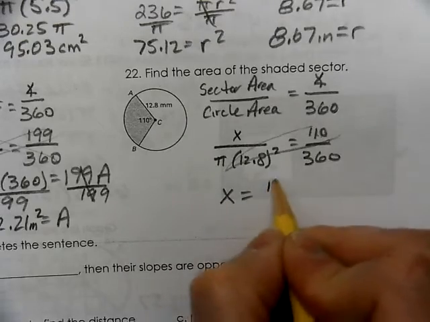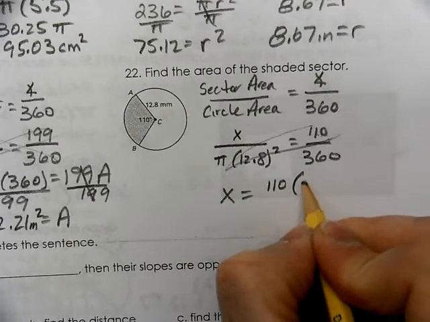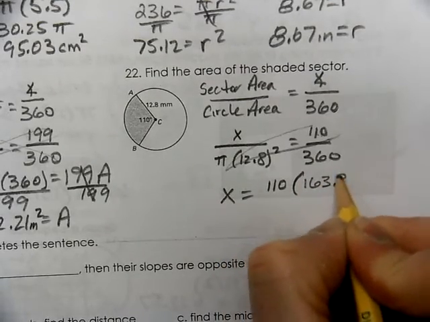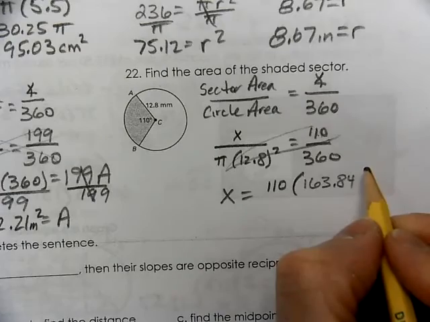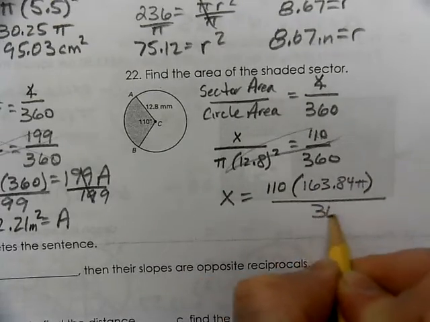So x equals 110 times 12.8 squared times pi all over 360.